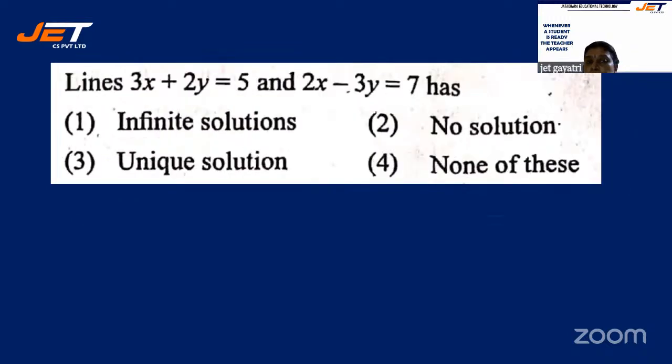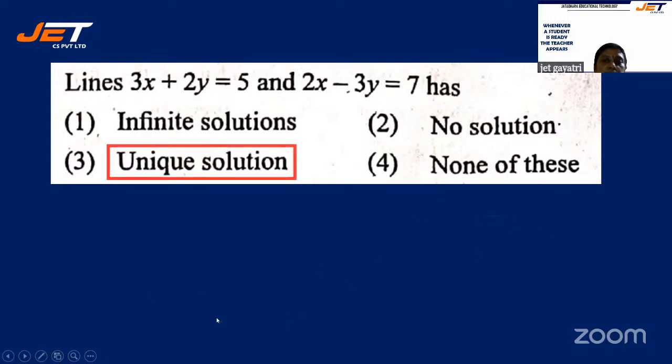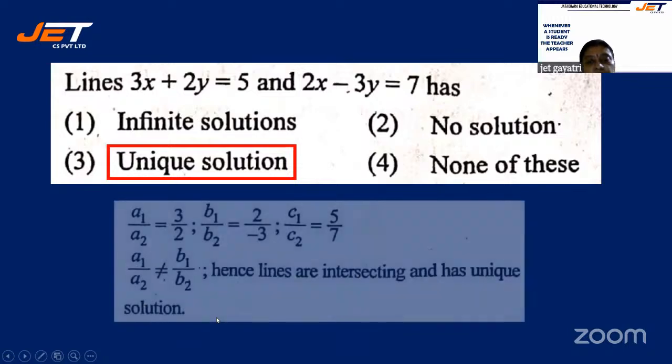Lines 3x plus 2y is equal to 5 and 2x minus 3y is equal to 7 has dash solution: unique solution, infinite solution, no solution, or none of these. Okay. It has a unique solution. Why?